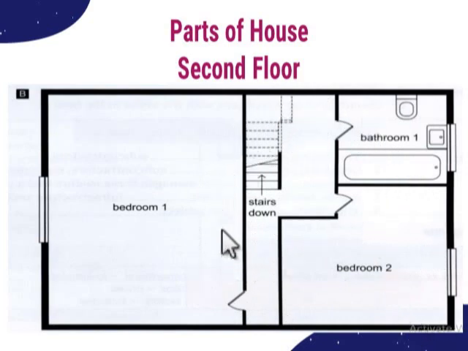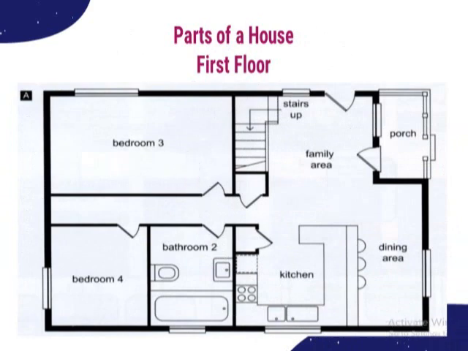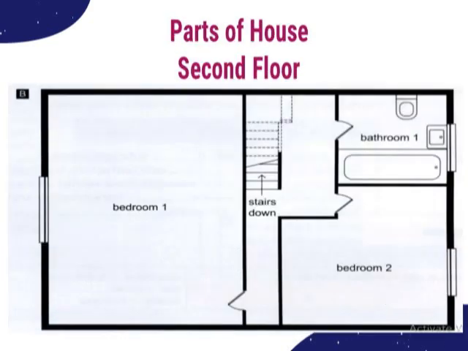You can see that my house in the future will have 4 bedrooms, 2 bathrooms, one kitchen, one dining area, one family area, and one porch. There is no garden in my home, so maybe I will put some indoor plants on any sides of my house. Okay, so this is my dream house.